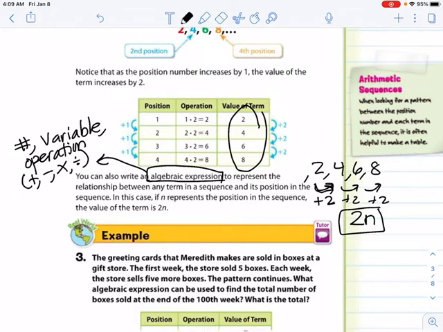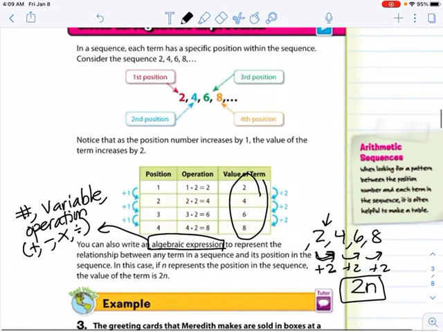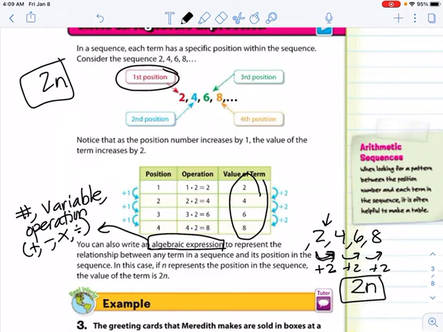So for example, here, 2 is in the first position. So let me write this right here. To check if this expression is correct, all I need to do is substitute the number 1 because this is in the first position, and 2 times 1 is 2, so that checks out.